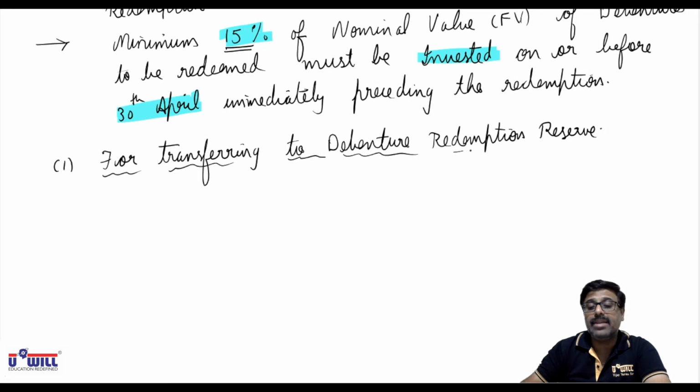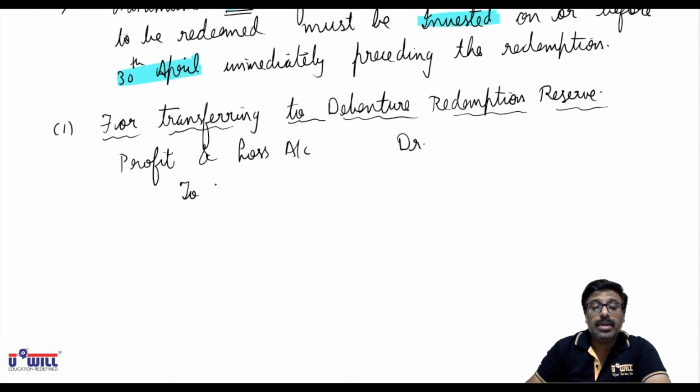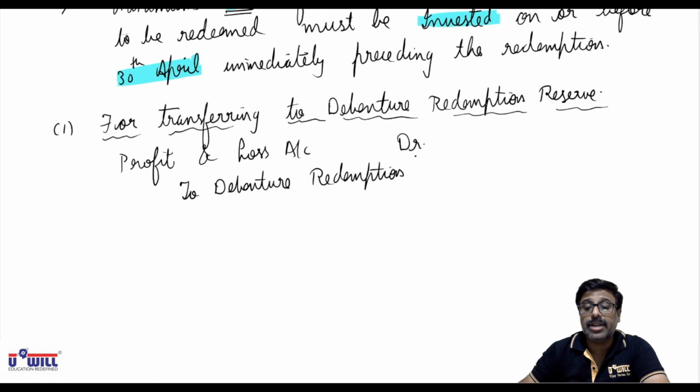So the entry will be profit and loss account debit, and you will transfer it to debenture redemption reserve account.